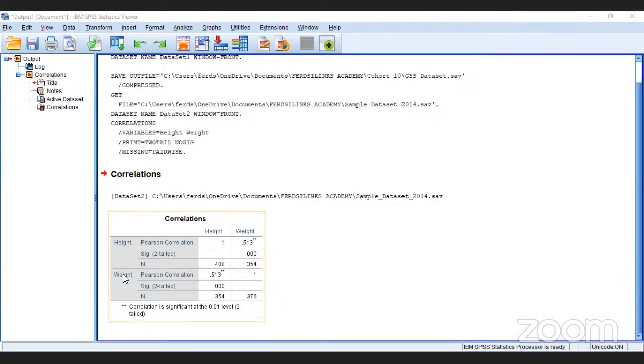On this table, we have the correlation coefficient, the significance value, and our n.